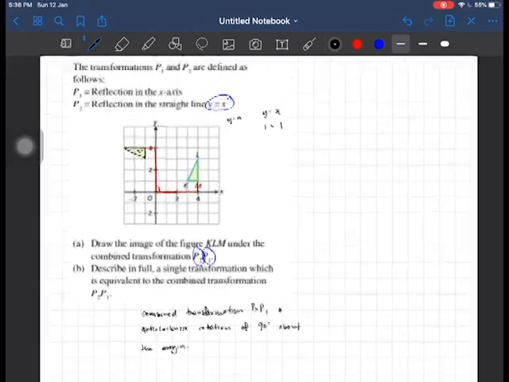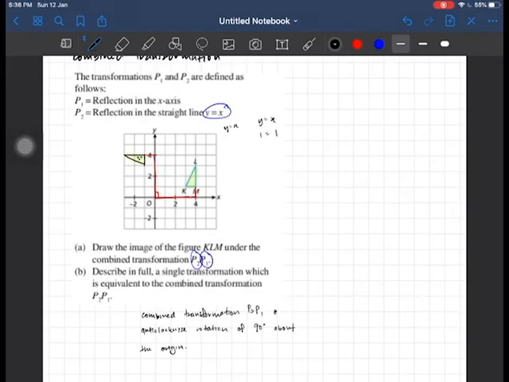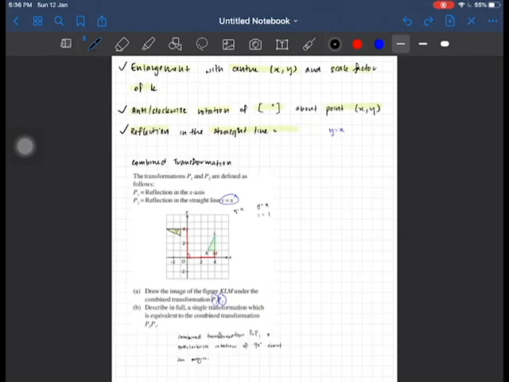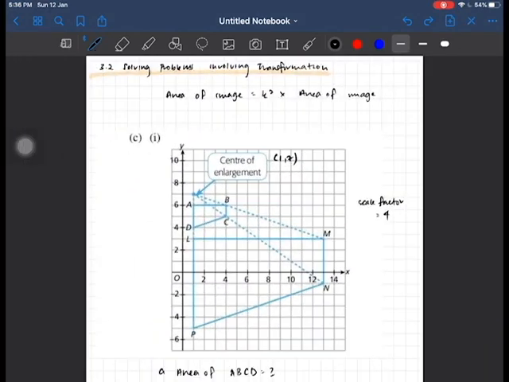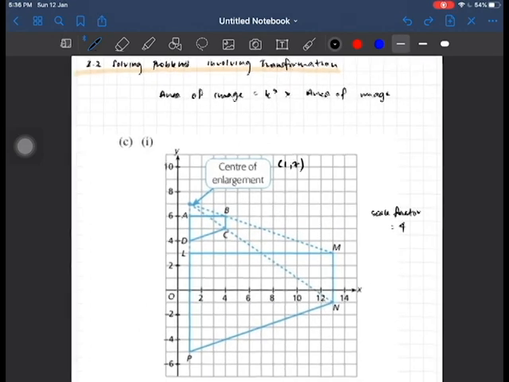So that's the combined transformation. Notice that it's different from what's mentioned in P1, P2. Take note of that, because combination is a little bit harder, so you have to do more practice on that.